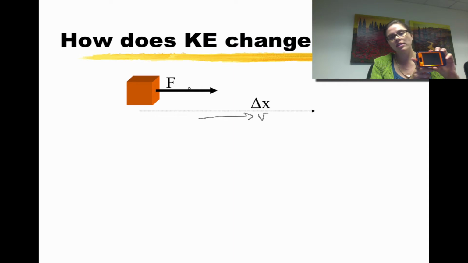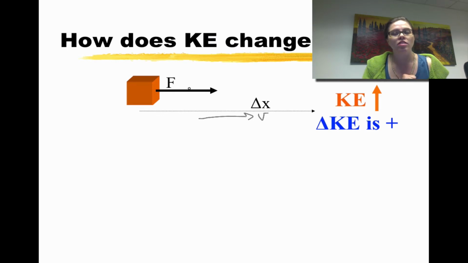So if the net force and if the acceleration and velocity are in the same direction, the object is, yay, speeding up. Good. So the kinetic energy would increase. So if the kinetic energy increases, the kinetic energy bucket will be filled with more energy juice, or the change in kinetic energy is positive.